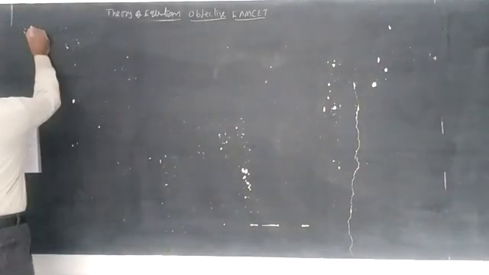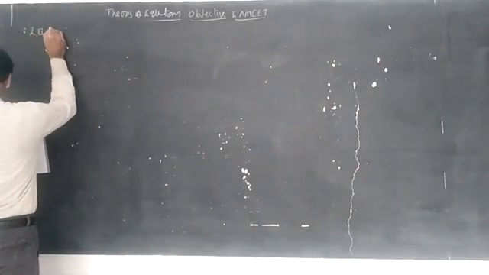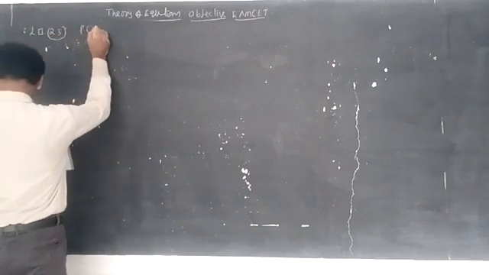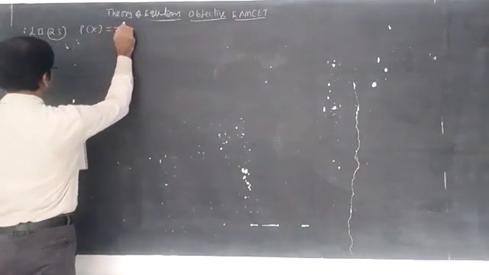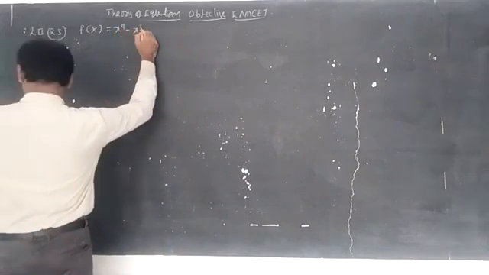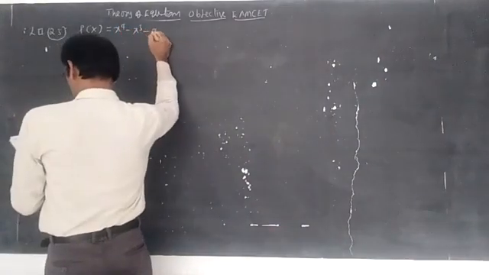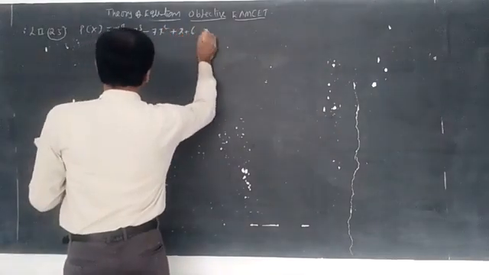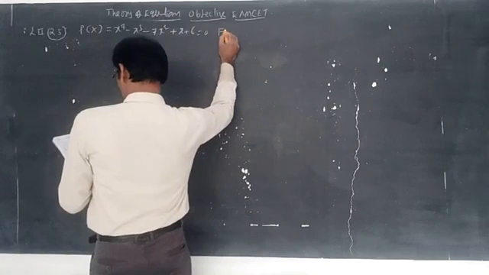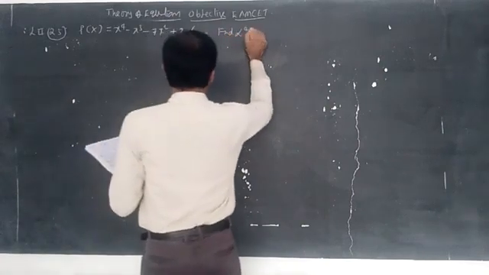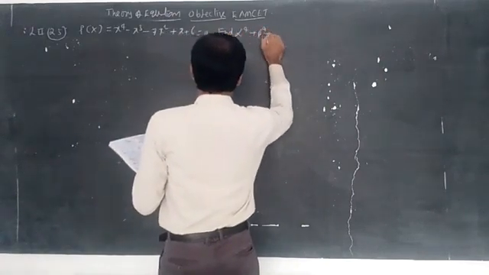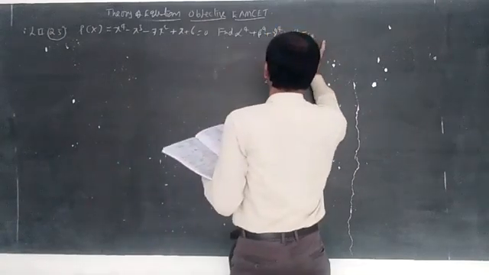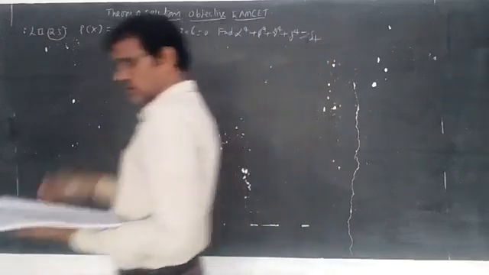If alpha, beta, gamma, delta are the roots of f of x equal to x power 4 minus x cube minus 7x square plus x plus 6 equal to 0, find alpha power 4 plus beta power 4 plus gamma power 4 plus delta power 4. That is S4 you should calculate.